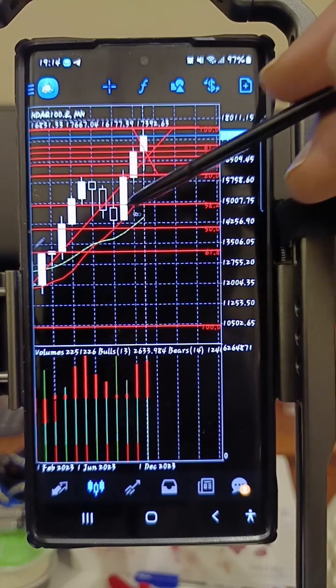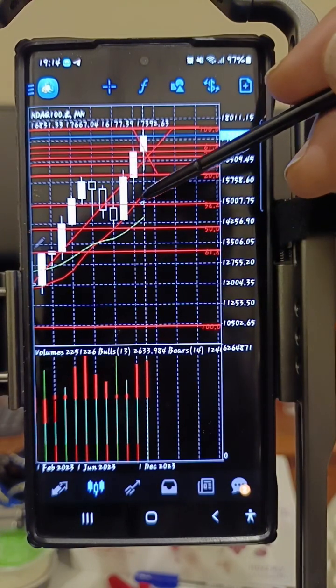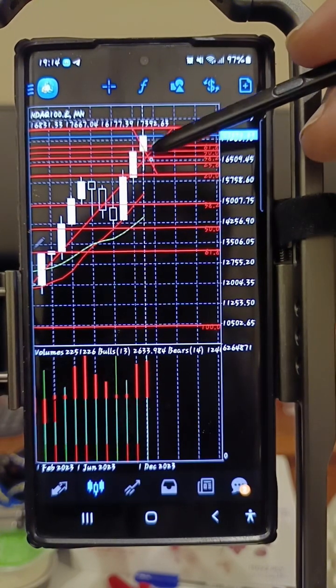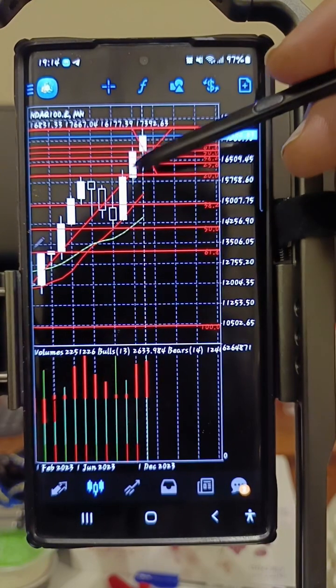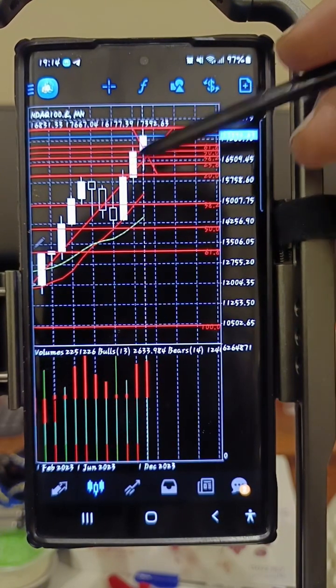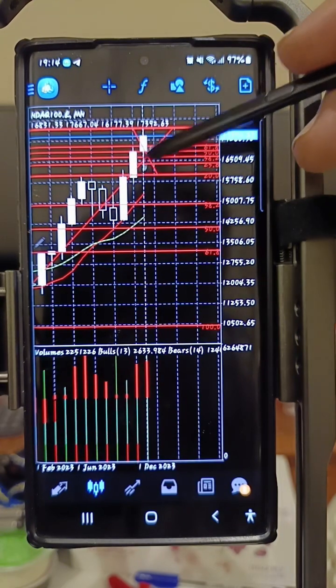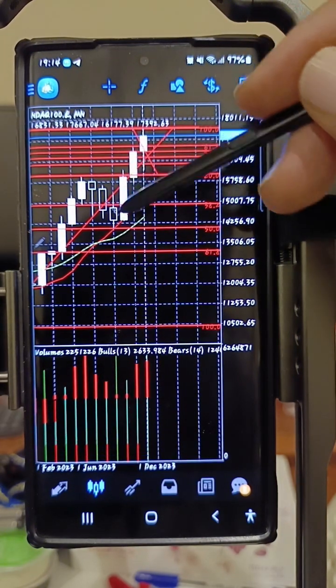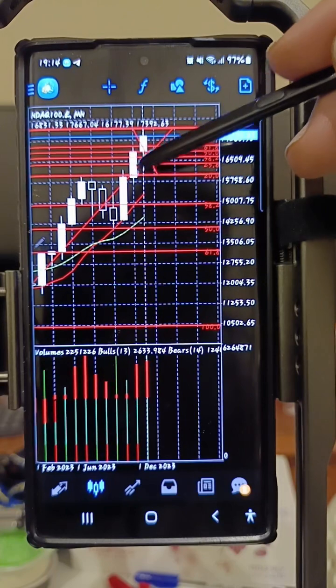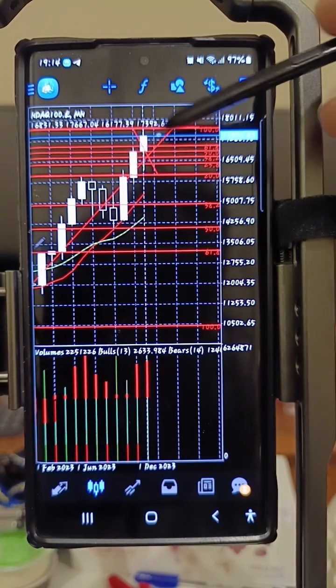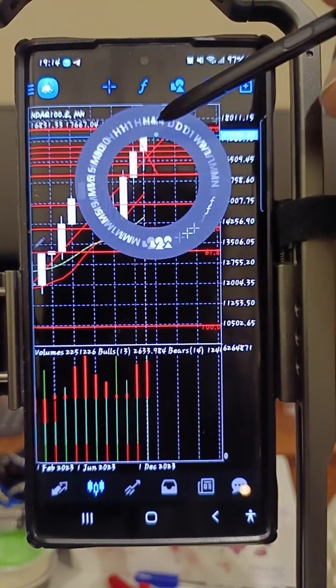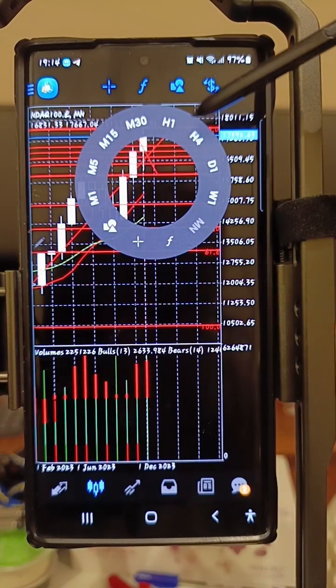Everything indicates a bull market: it's above the 10, above the 20, so higher, higher, higher. All the small selling here is done. So clearly you can see. So what I'm looking for is an indication.